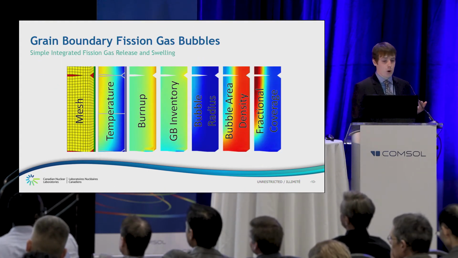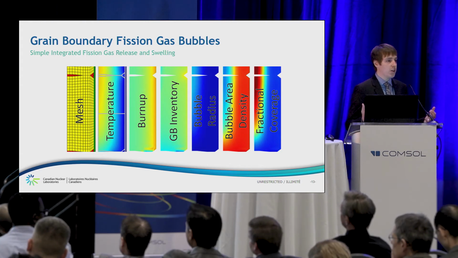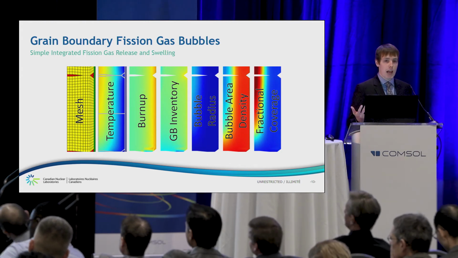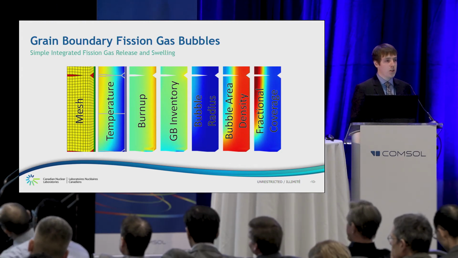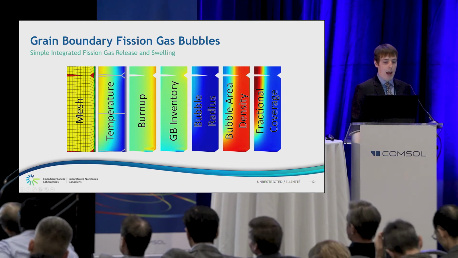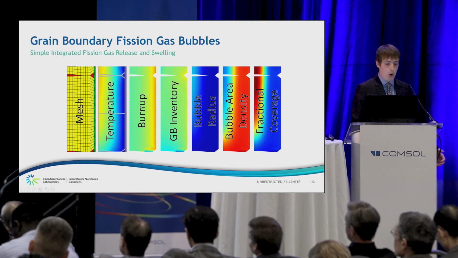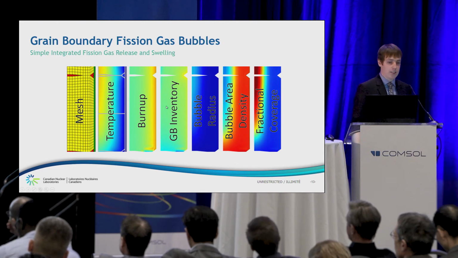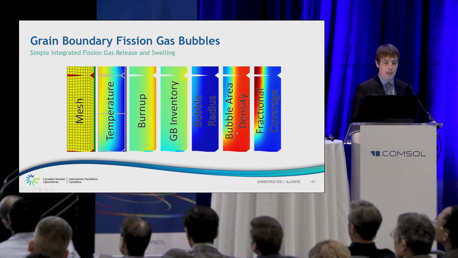The traditional approach has been to look at it on the scale of a pellet. So you're not actually looking at the microstructure, you're just solving macroscopic fields like burnup. This is the amount of gas on the grain boundary. This is the radius of the average bubble on the grain boundary. This is the number of bubbles on the grain boundary.